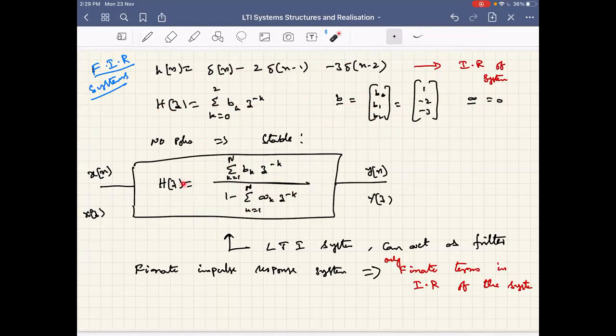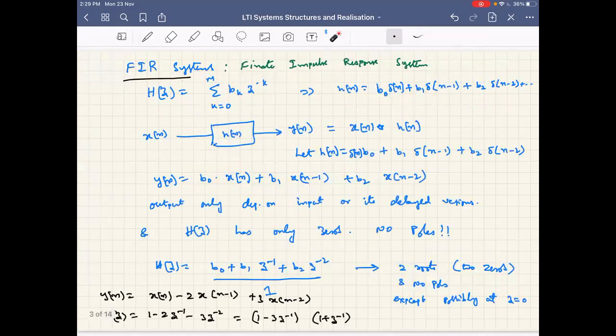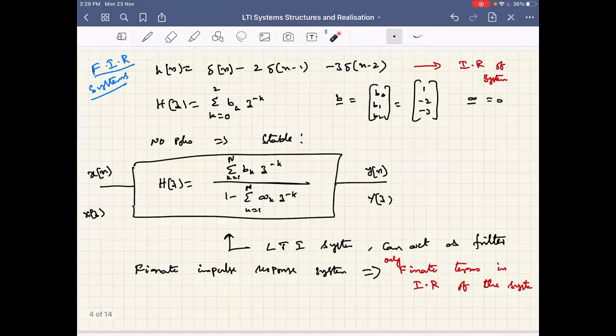Please note that both the Z transform and the difference equation share the same set of coefficients, so they can be easily related. The set of coefficients bk and the set of coefficients ak determine the whole transfer function of the system, or the difference equation relating input and output. For FIR systems, B alone can define the whole system, because there is only a finite number of terms in the impulse response, and thus it is referred to as a finite impulse response system.